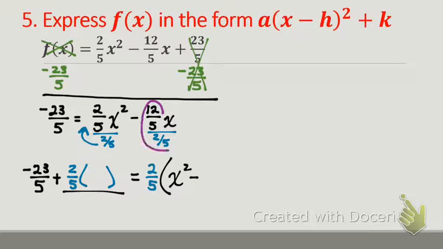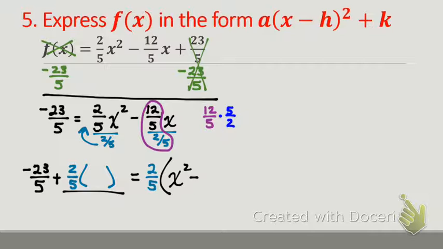Okay, so now let's look at this. I have 12 over 5, which is a fraction, being divided by a fraction. What do we do when we're dividing by a fraction? Multiply by the reciprocal.